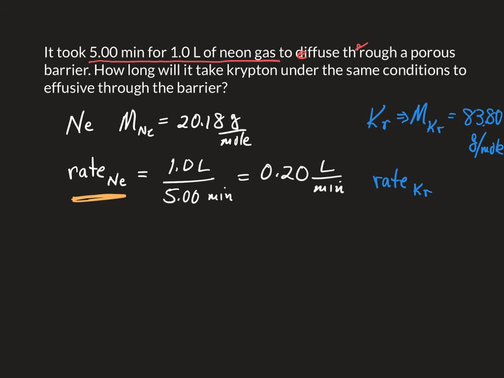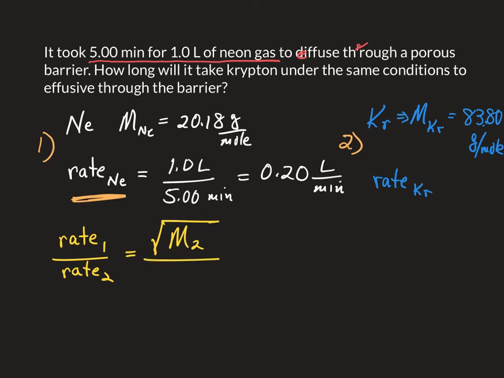So again, the choice is arbitrary, but I'm going to use neon as 1, krypton as 2 in our Graham's law expression. So we've got the rate of 1 divided by the rate of 2 equals the square root of the molar mass of 2 divided by the square root of the molar mass of 1.